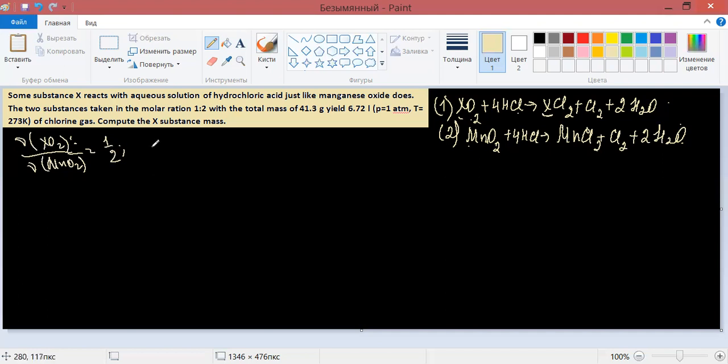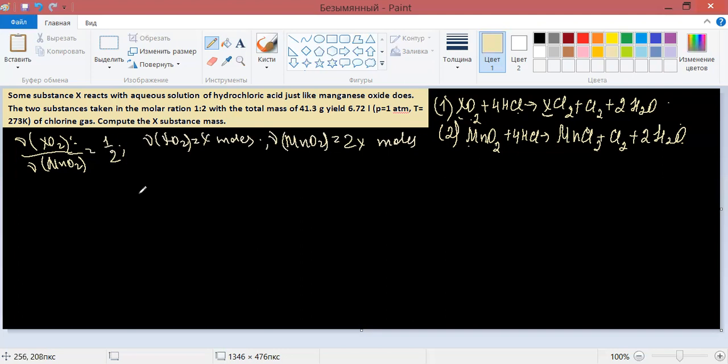So let nu of XO2 equal x moles. And from this relation, we can write that the amount of manganese oxide equals 2x moles. I guess it's clear from this relation.